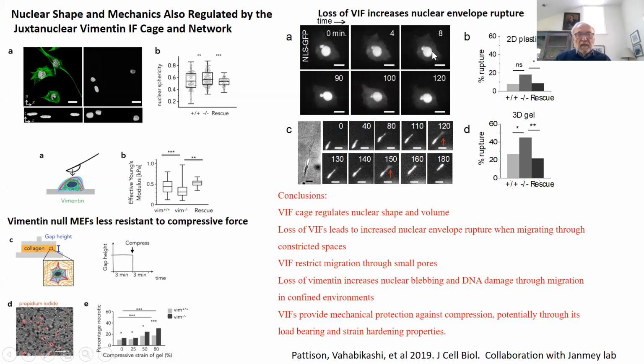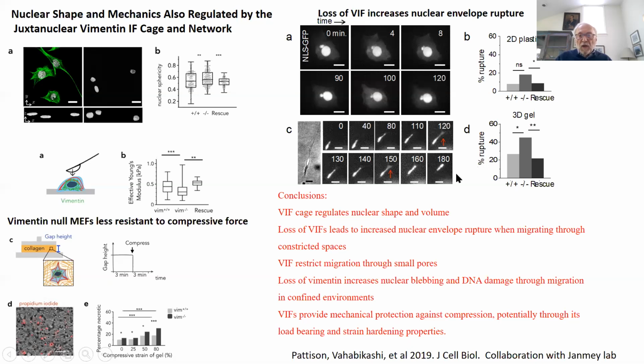We also show that the loss of Vimentin increases the rupturing of the nuclear envelope, both in 2 dimensions, when cells are just sitting on a glass cover slip or a plastic petri dish, they tend to form these blebs and they rupture. And we can show that the percentage of cells whose nuclei rupture in the Vimentin nulls is much greater than wild type.